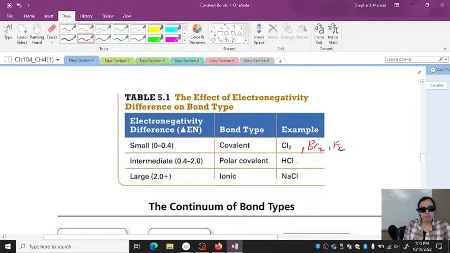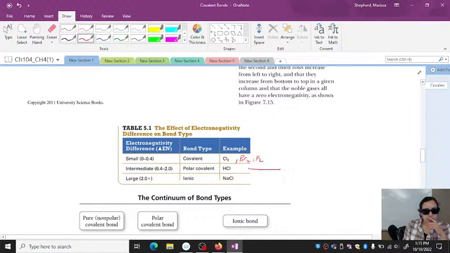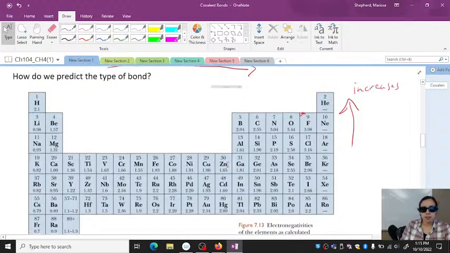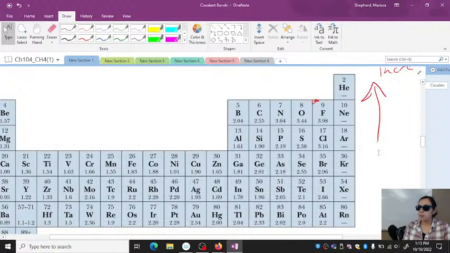So if we look at the example of hydrochloric acid, let's do the math for that. We just have to take the difference. On an exam, you'd have to be given a chart or given these values. You would never be expected to memorize them.